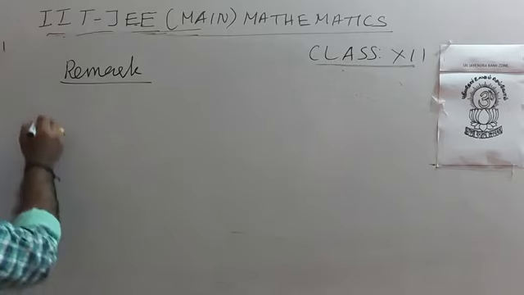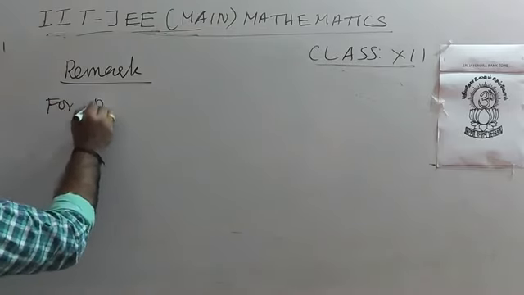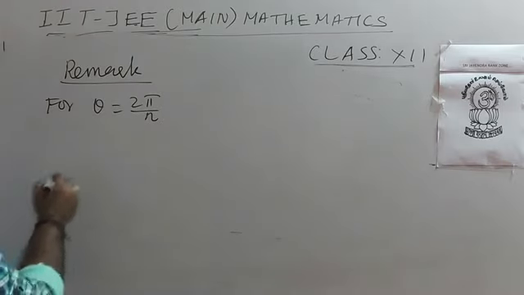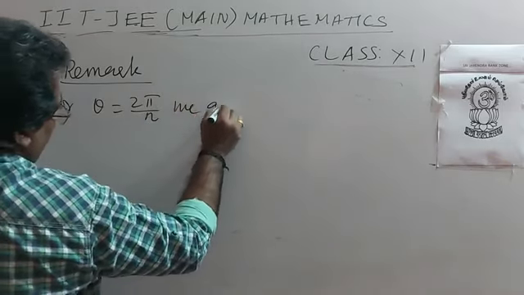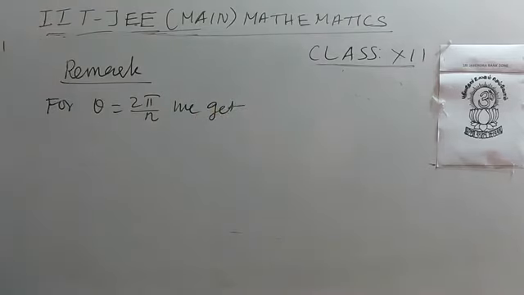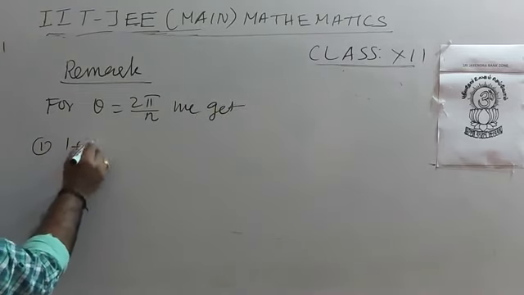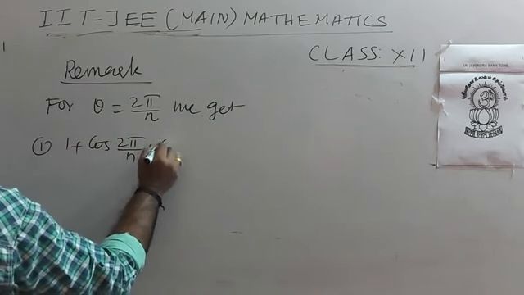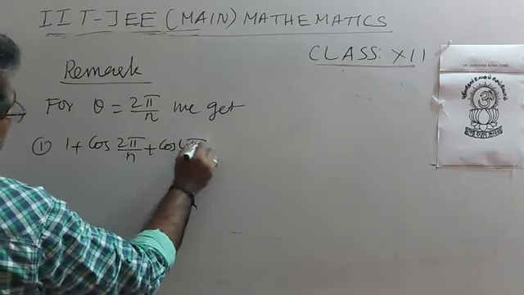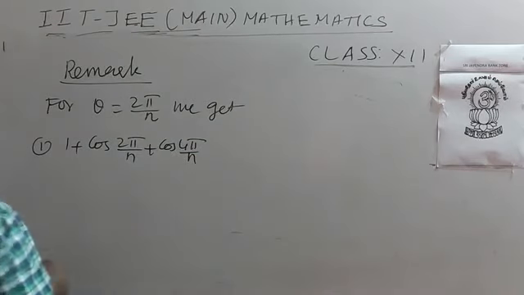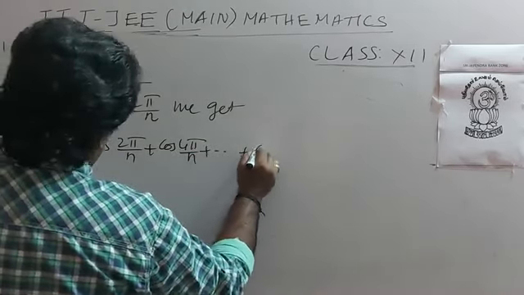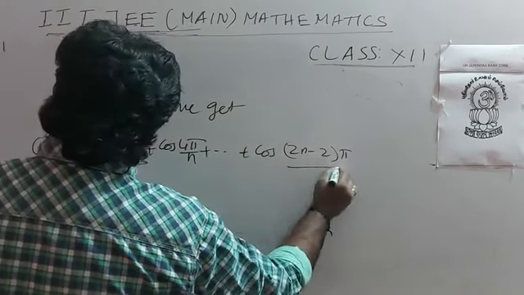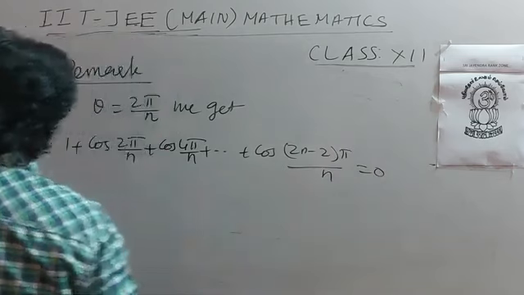Remark: for theta equal to 2 pi by n, we get 1 plus cos 2 pi by n plus cos 4 pi by n plus etc. plus cos 2n minus 2 into pi by n equal to 0.